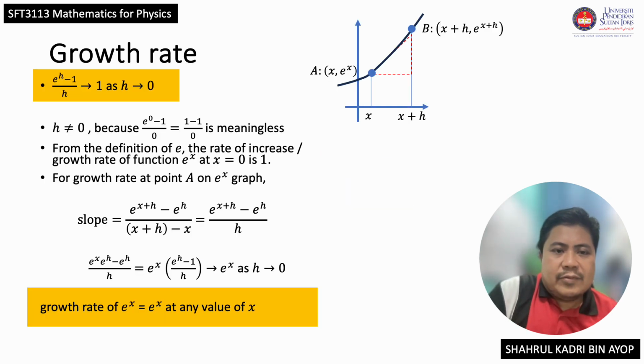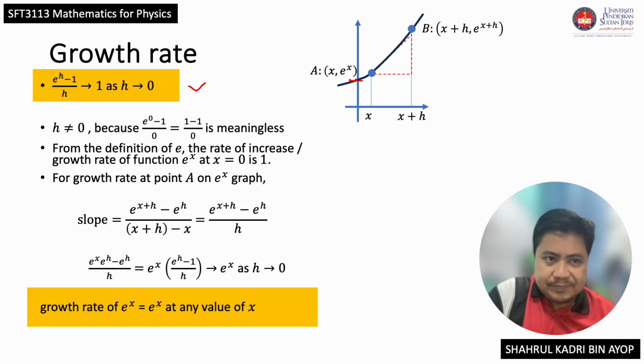All right, from the previous slide we can see that e power of h minus 1 over h is approaching 1. Approaching 1 as h is closer to 0. This is a property of the exponential function.